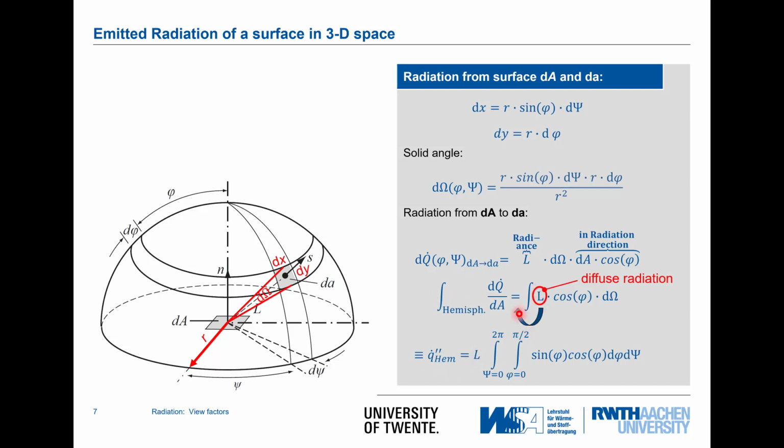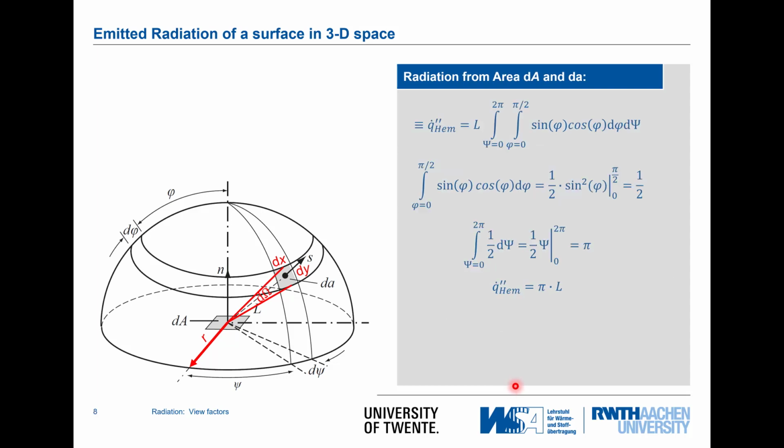That's L, which is put in front of this one here, and we have a double integral because the omega brings the d psi in. The angles are running, psi is running all around and phi is running from bottom to top. So from 0 to pi half, from 0 to 2 pi.